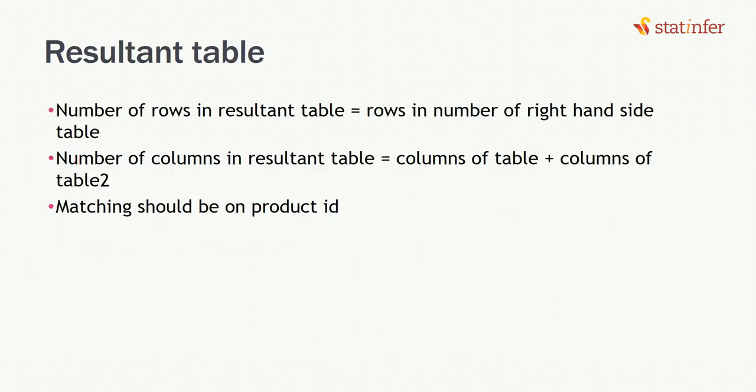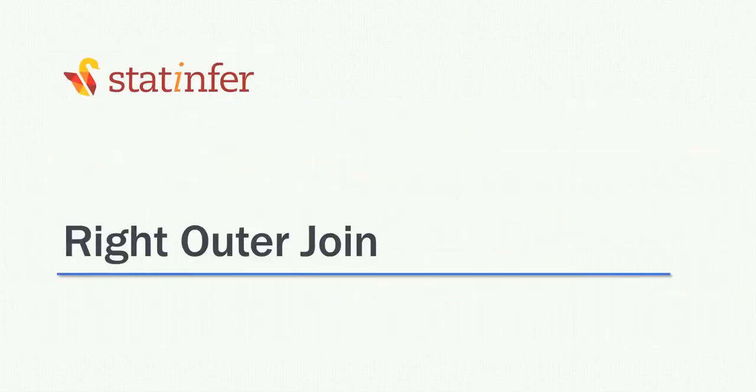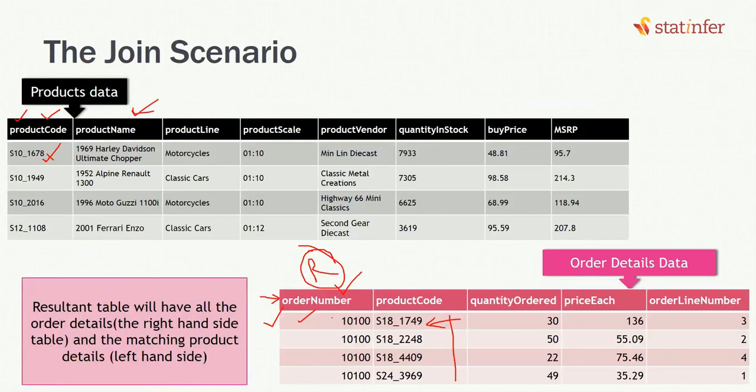So the number of rows in the resultant table is equivalent to the number of rows in the right hand side table. Let me explain that once again. The total number of rows in the final resultant table of this right outer join is definitely everything from the orders table. So the resultant rows is equivalent to the number of rows in the orders table. Why?